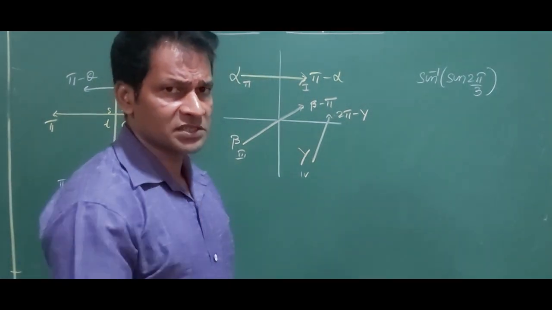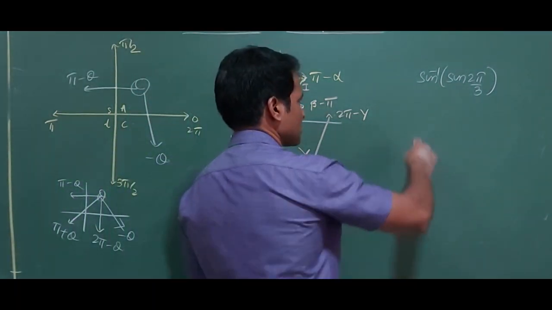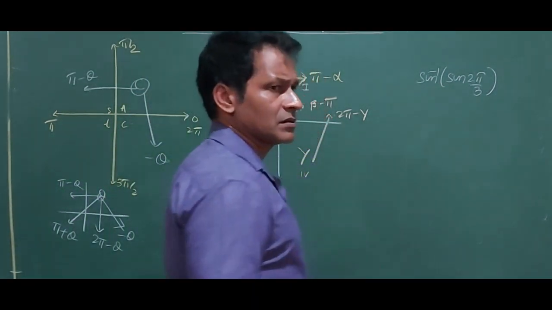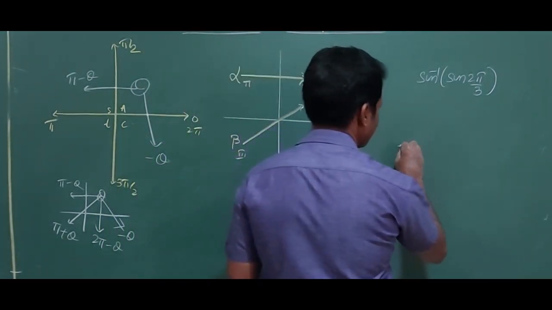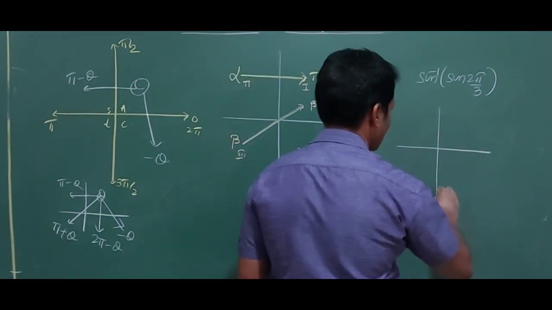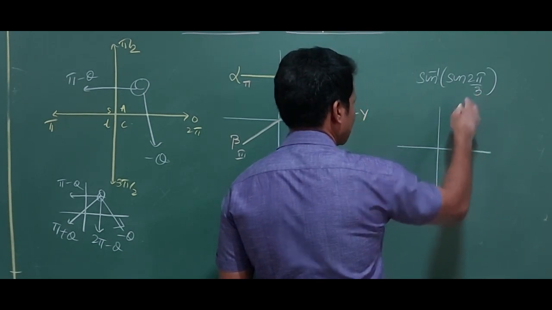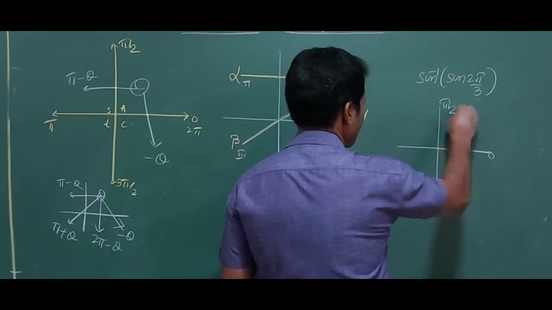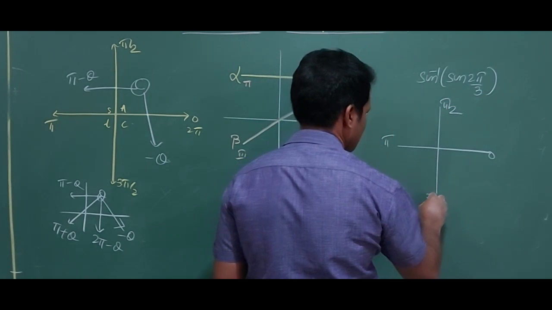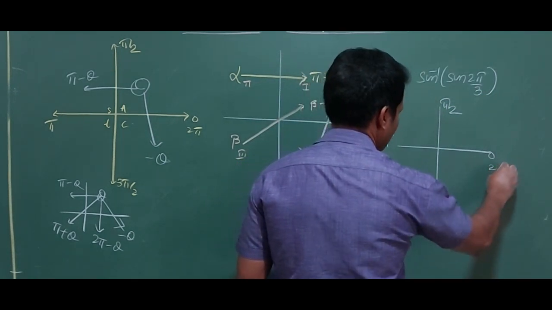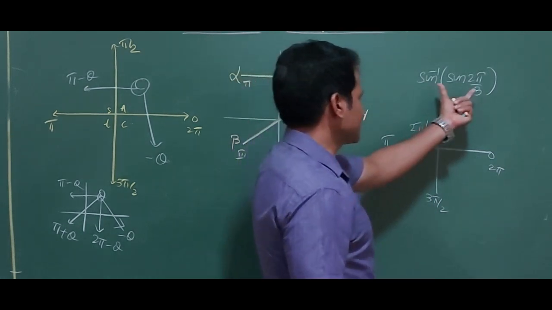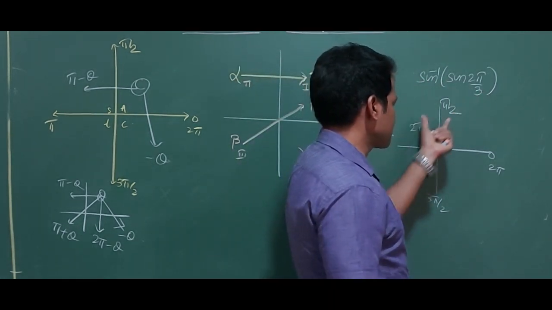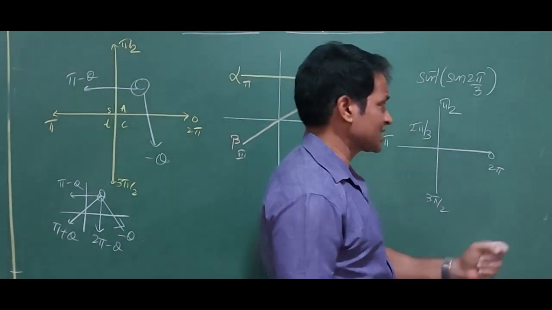This is a very crucial concept for finding the values. Sine inverse sine 2 pi by 3. Whenever I get a question, my first target is to find where the value 2 pi by 3 lies in normal trigonometry: 0, pi by 2, pi, 3 pi by 2, 2 pi. So it lies in the second quadrant. Forget that sine is positive here in normal trigonometry, I am telling you, try to understand.